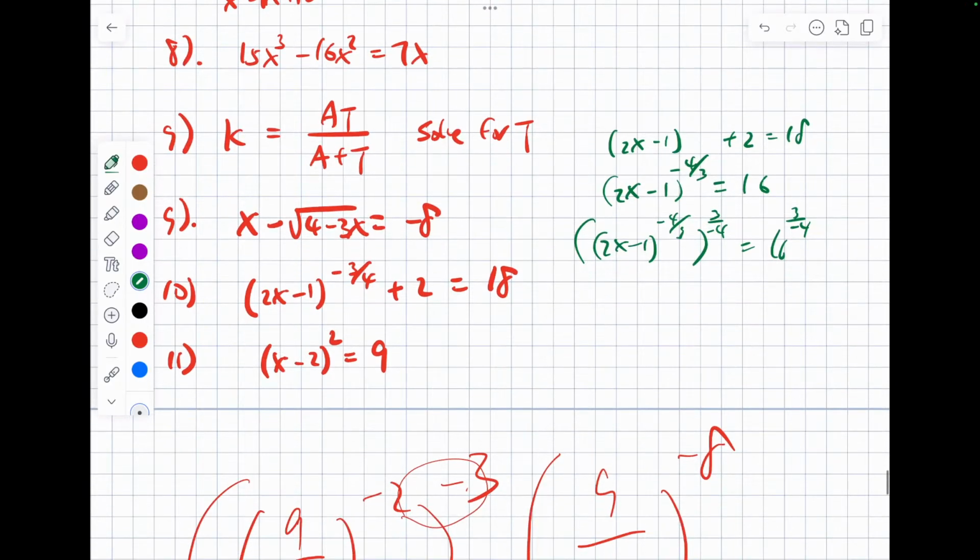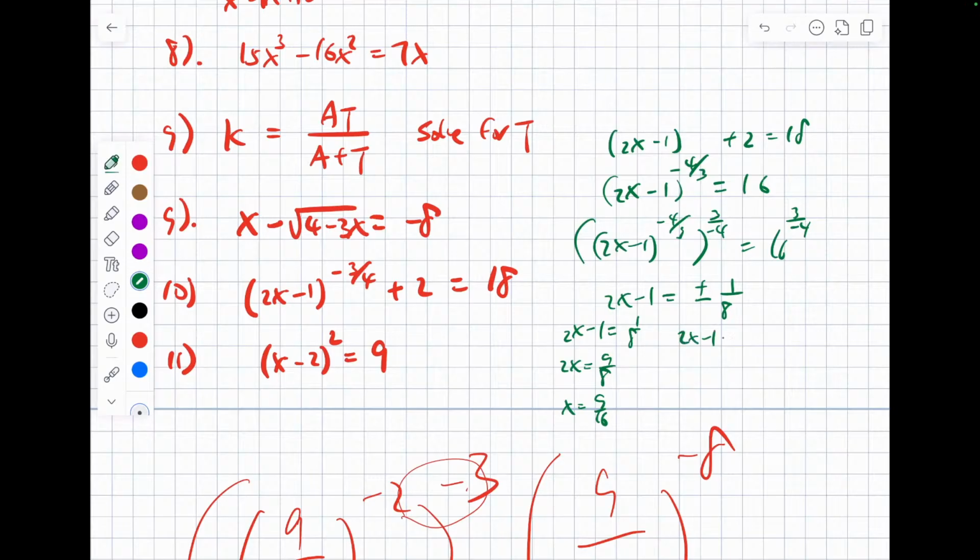Now, if you have this case, it's going to be 2x minus 1 is equal to 1/8 plus minus. You do need a plus minus in this situation because it's even roots. Is that okay? Then you're going to have 2x minus 1 equal to 1/8. Then that's 2x equal to 9/8. So x equal to 9/16.